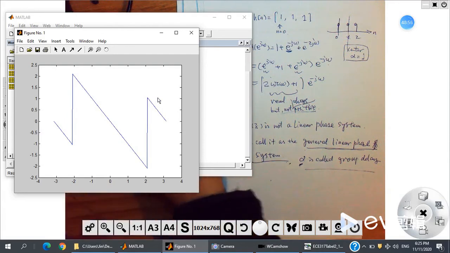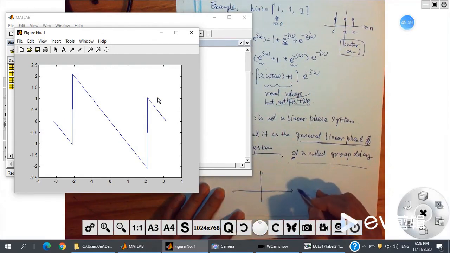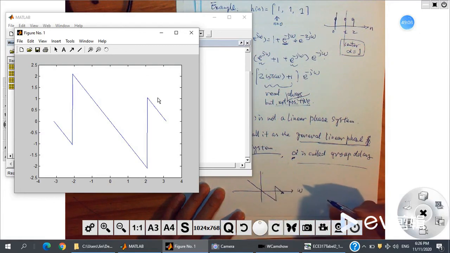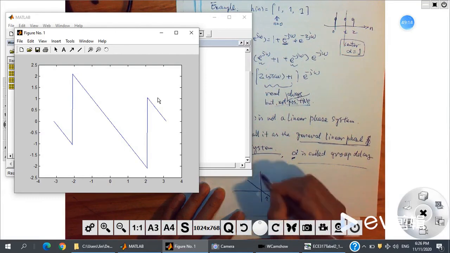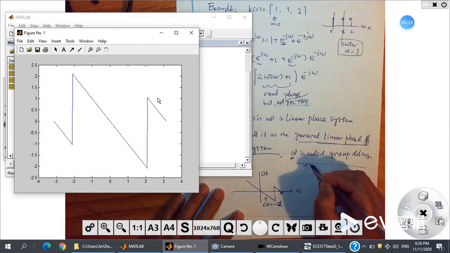Let me give the graph. The graph looks like this. This is omega. It will be a straight line, like this one, not like this one. This is the angle of H. Here the angle of H is equal to negative alpha omega, with alpha equal to 1.